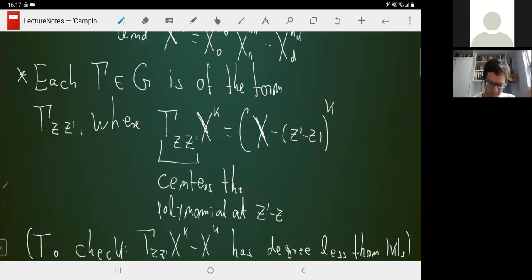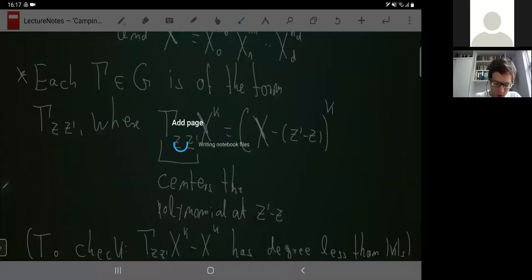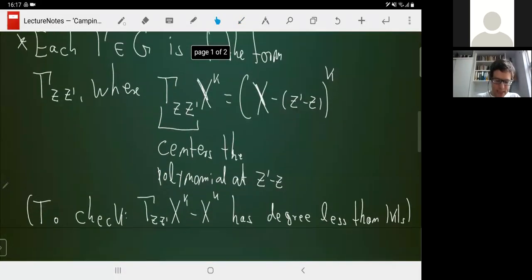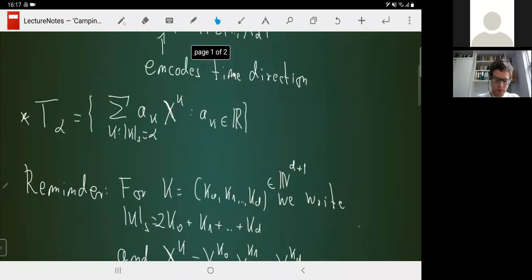Okay, now it's obvious. Exactly. Now you multiply this out. One term is really of the form x^k, and this you subtract. Yes, that's really coming from that. Thank you. Welcome. Okay, so this is the regularity structure of polynomials.